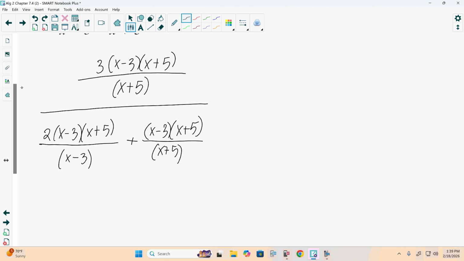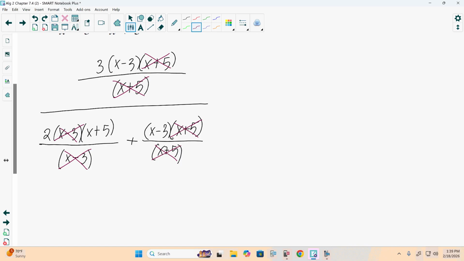At this point, we're seeing what's in common on top and bottom. All right, guys, focus in. On top, the x plus 5 and x plus 5. The first fraction on bottom, the x minus 3 and x minus 3. And in our last fraction, the x plus 5 and x plus 5.